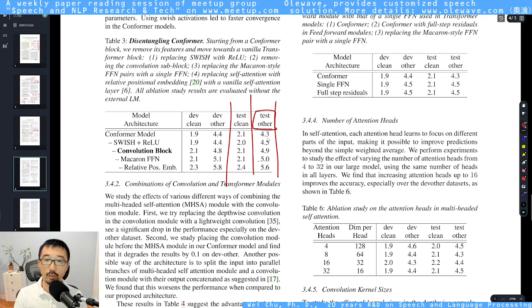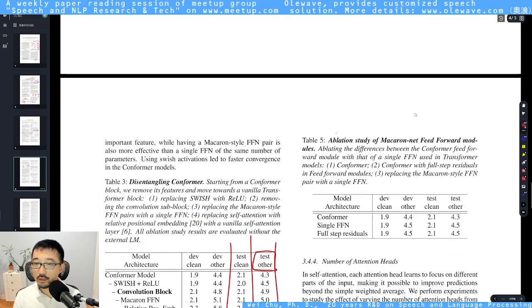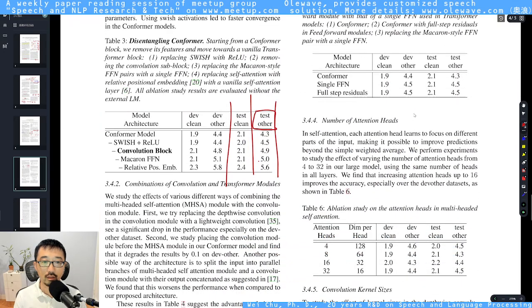So the baseline is at 4.3. But if you replace the Swish with the ReLU, I think what the author said is not here. Yeah, Swish is better than ReLU for sure. See this?